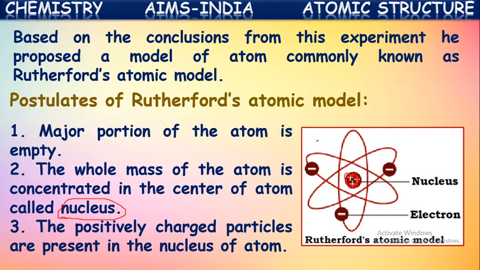Most of the remaining place is empty, and the positively charged particles are present inside the nucleus. As I told, the total mass is concentrated at the center part called the nucleus. In this nucleus only, all the protons are accommodated. So the total positive charge is in the nucleus.